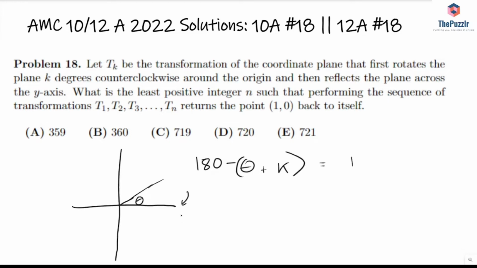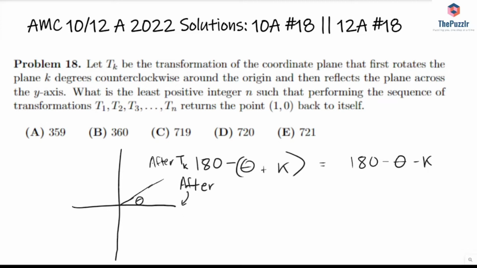So this gives me 180 minus theta minus k. This is after T_k.